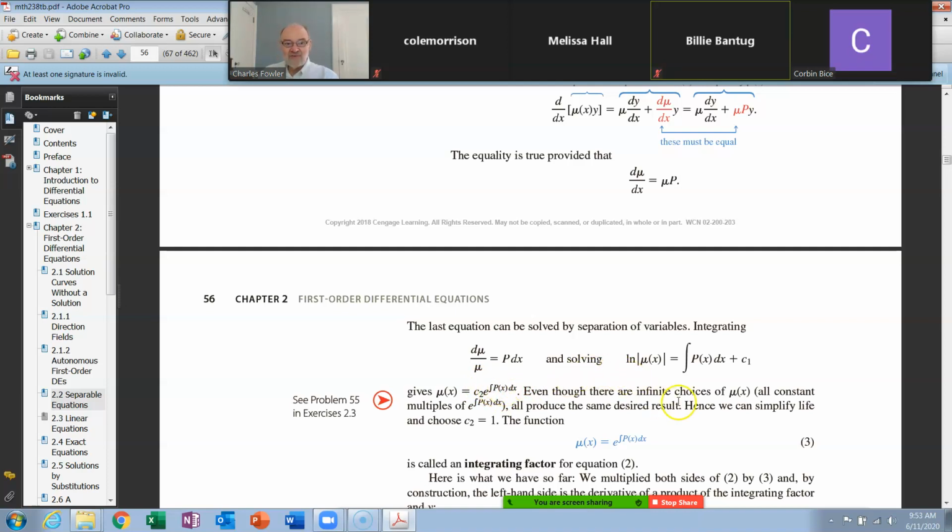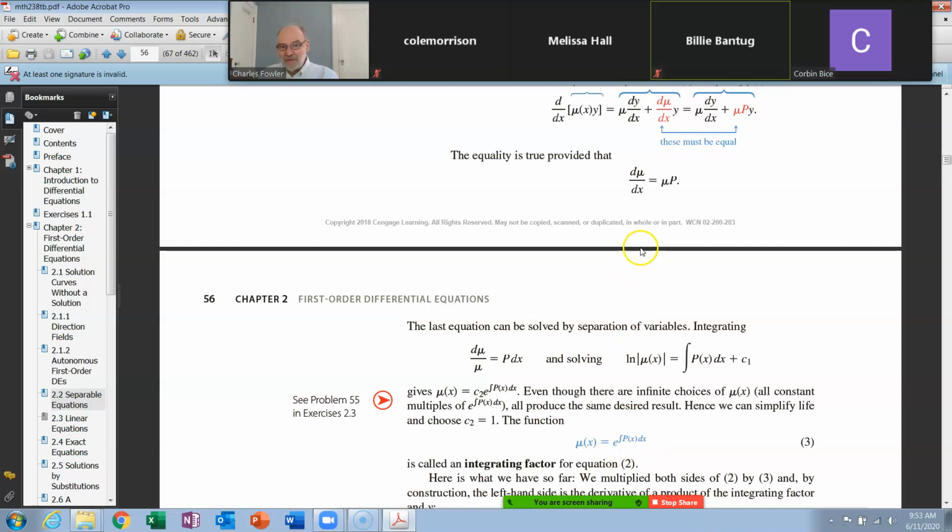Now it says there are infinite choices for μ, all constant multiples of this one, and all produce the same desired results. Hence, we simplify life, if life was ever simple, by just choosing c2 equal to 1. That doesn't seem fair, but it works. So don't argue with it, just do it. So this gives you what that function μ is: e to the integral of p of x dx.